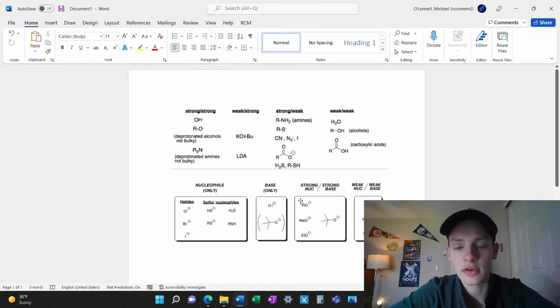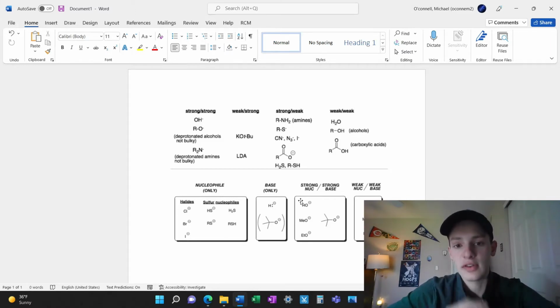Now that I've explained the trends for nucleophilicity, it would be remiss if I didn't mention the trends for basicity. And contrary to what you might think, the trend is not always the same. When we move from left to right across a period, basicity does decrease, just like nucleophilicity.